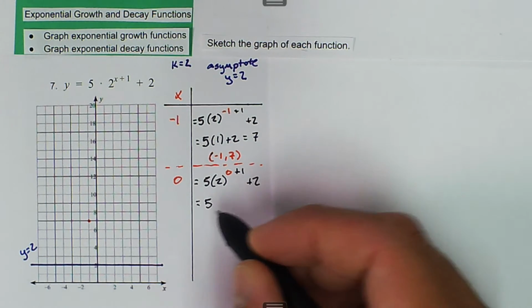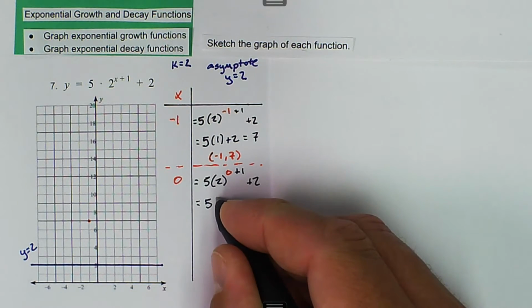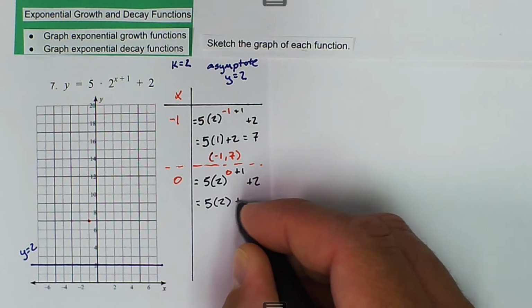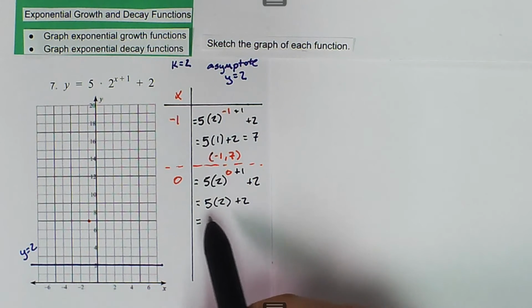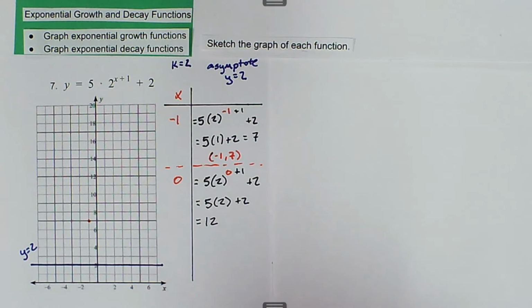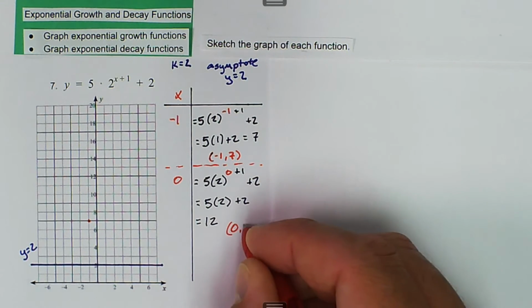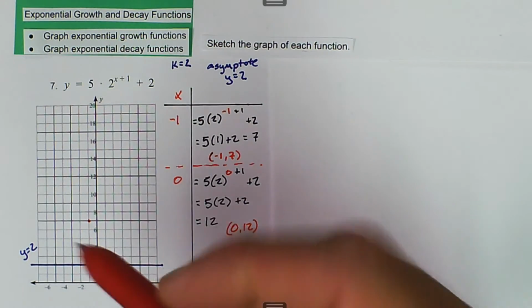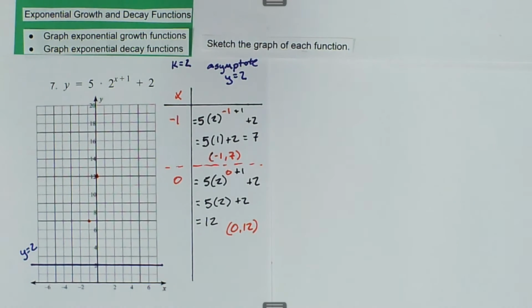So our 5 comes down. 0 plus 1 is 1. 2 to the first power is 2, just itself, plus 2. And so then we get 5 times 2 is 10, plus 2 is 12. So we get the ordered pair 0, 12. So 0, 12 is right there. And we need one more point.